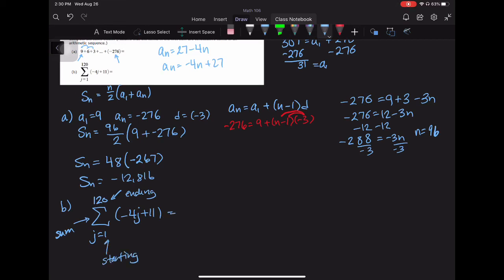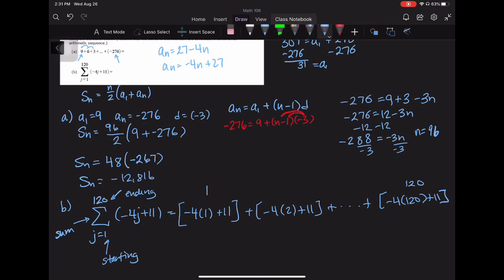What that means is I take -4 times 1 plus 11, and then I add -4 times 2 plus 11, all the way up to -4 times 120 plus 11. But I don't want to list 120 terms and do that. I want to use the formula. Well, what is the first term? And what is the 120th term?